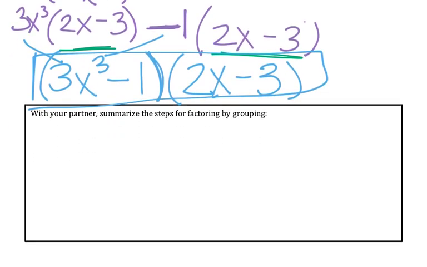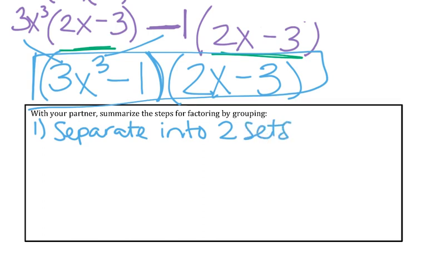Okay, so let's summarize the process here when you're doing factoring by grouping. You can either summarize it in your own words or use what I'm going to write down. So the first step is to separate into two sets of two terms.